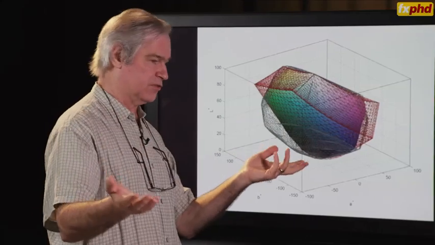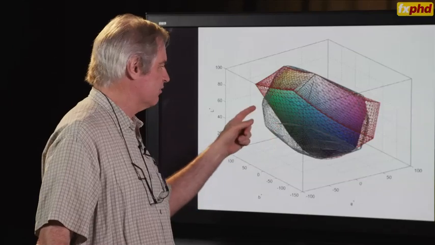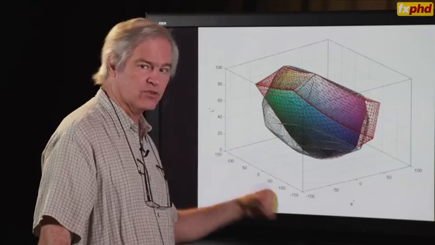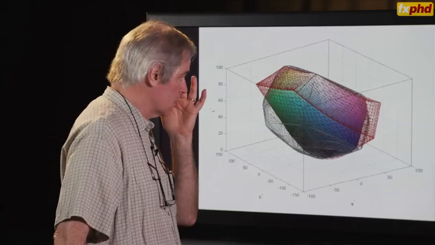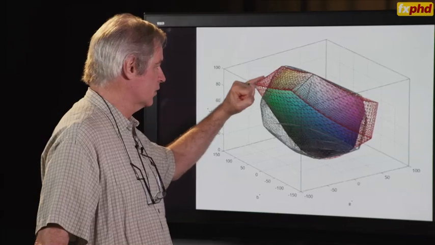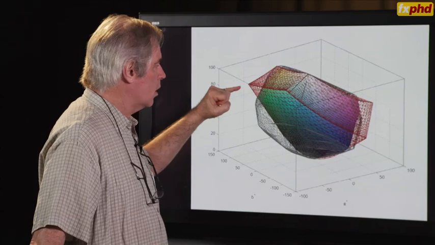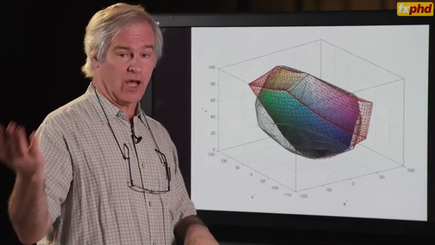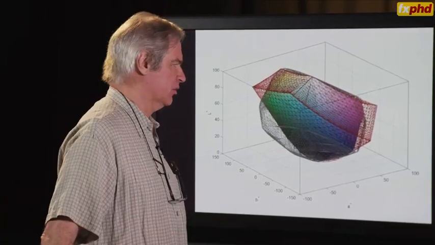And the other obvious thing that you see now is that there's regions of Pointer's real-life colors which lie outside the capability of sRGB to reproduce. And there's also completely reasonable sRGB colors, such as up here, which are outside of the colors that you would encounter in real life as documented by Pointer.